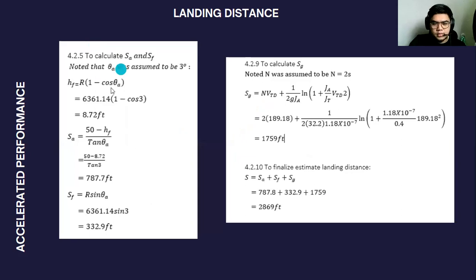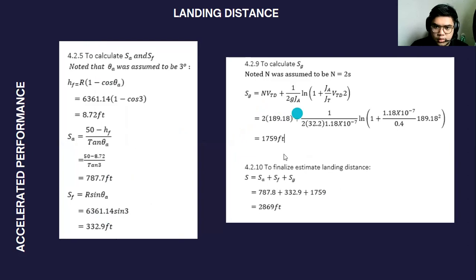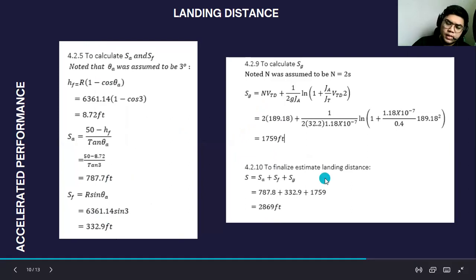So I apply all these equations and get SA as 787.7 feet, SF as 302.9 feet, and finally the ground roll as 1,755 feet. So the total of these components is 2,869 feet.